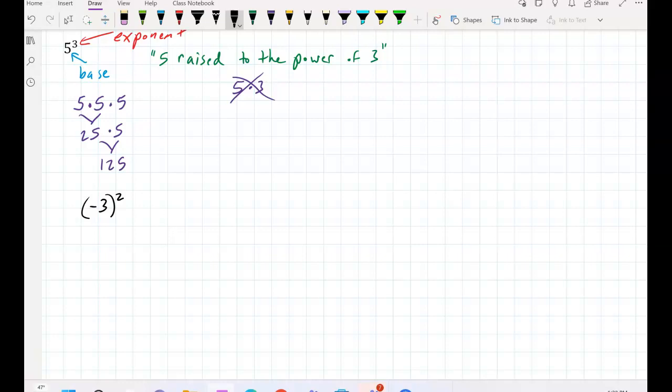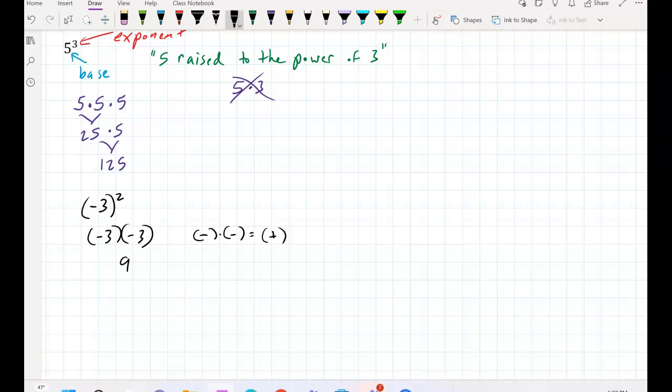Well, just like in the previous example, that means we are going to be multiplying negative 3 times negative 3. And if you remember, a negative times a negative is going to be equal to a positive. And so negative 3 times negative 3 is positive 9.